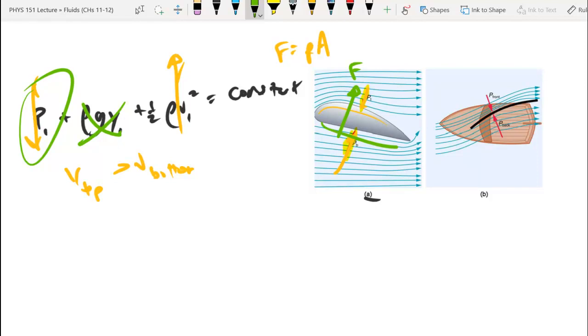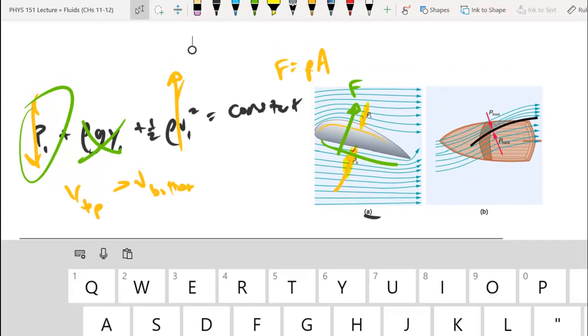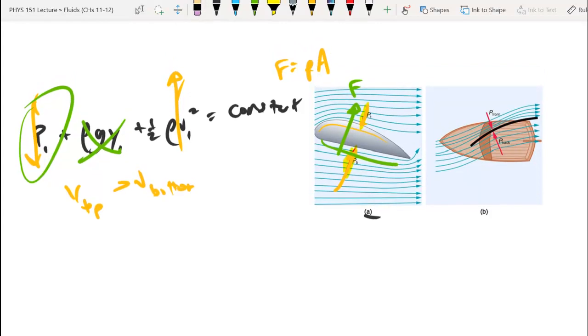Now there's also a little bit more to this. It's not just Bernoulli's equation; it's a little bit more complicated than this. We also have, as particles come in here, and this isn't quite so related to this video, but it is stuff that we've seen before, as particles come in, they hit here and have to be deflected down. So we can use conservation of momentum to discuss this as well.